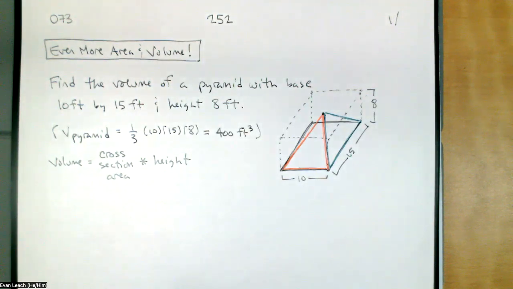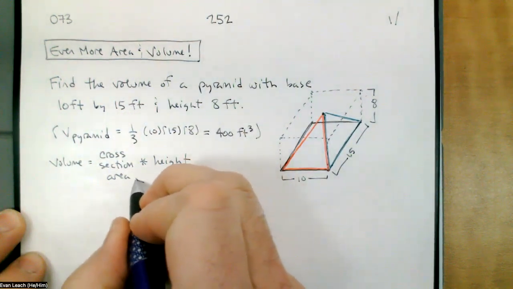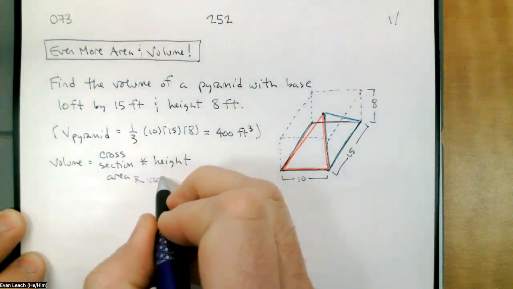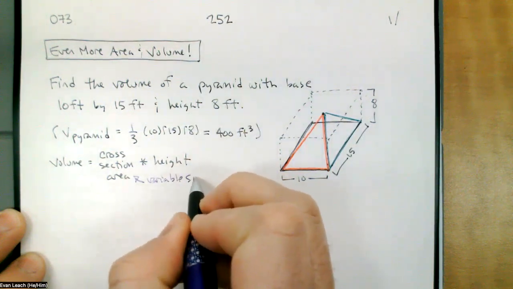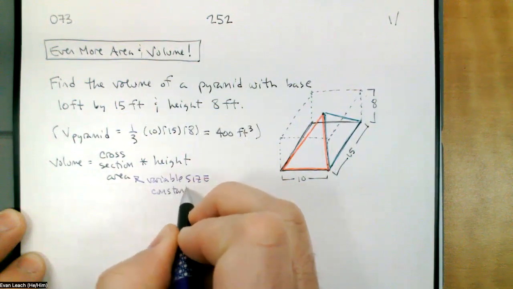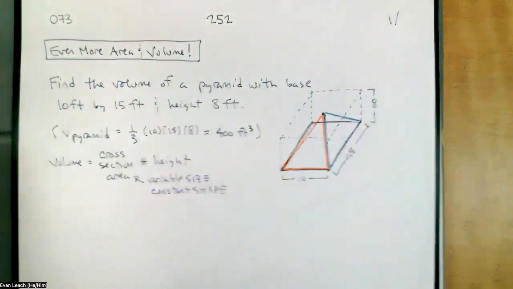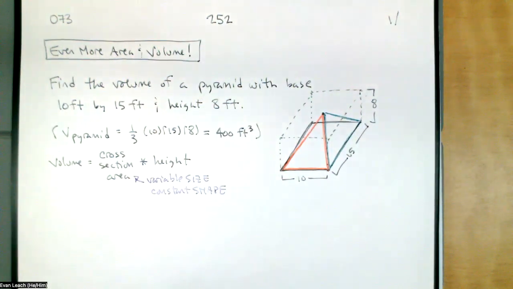What we have to remember is that the cross-sectional area can have variable size, but has to have a constant shape. We want something with a variable size and a constant shape.